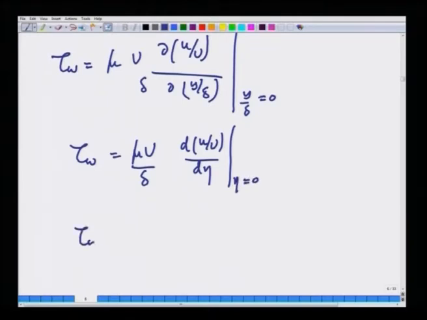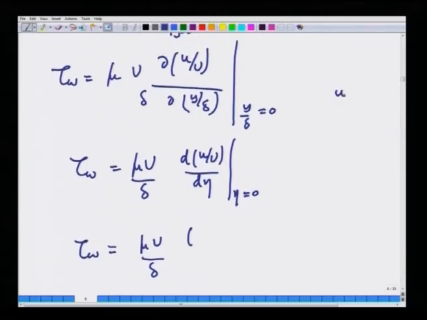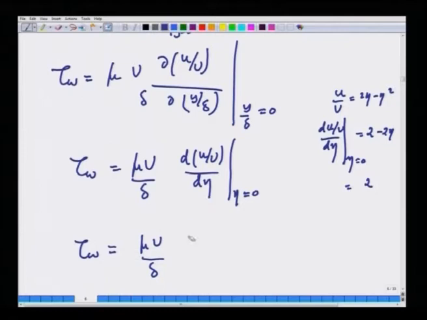So, tau w is mu U by delta times the derivative of 2 eta minus eta squared. So, u by U is 2 eta minus eta squared, and d of u by U divided by d eta is nothing but 2 minus 2 eta. If we evaluate it at eta equal to 0, this becomes simply 2. So, we will get the answer 2 mu U by delta, that is the shear stress.